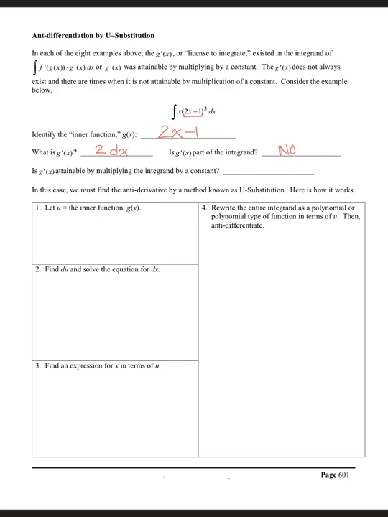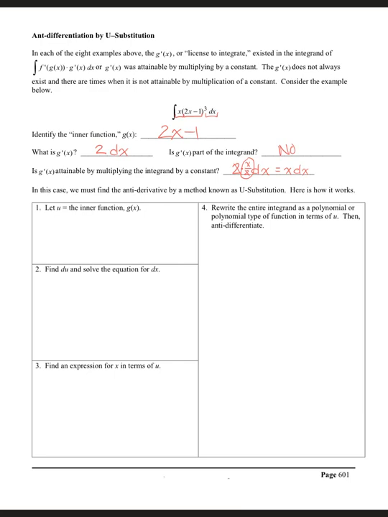So what we have left over is this x dx, okay? So can we get x dx from 2 dx by multiplying by a constant? Well, no, because we'd have to multiply by x over 2. The 2's would cancel, and that would give us x dx. But this is not a constant, okay?